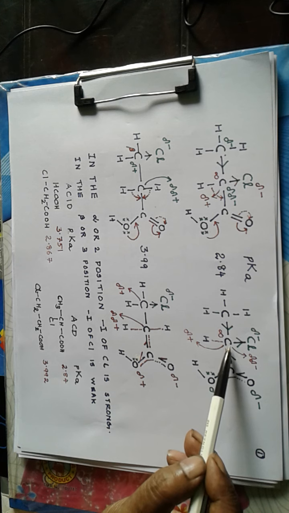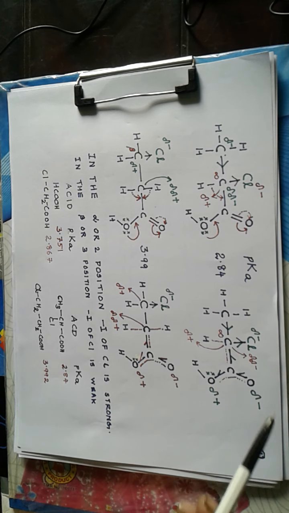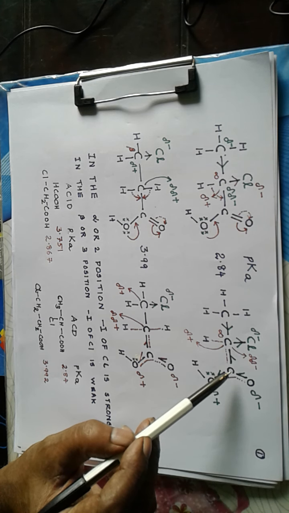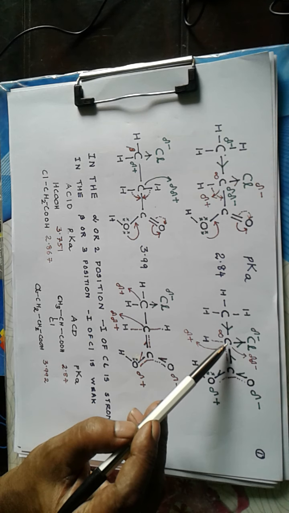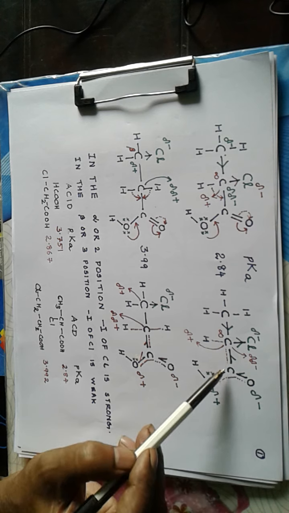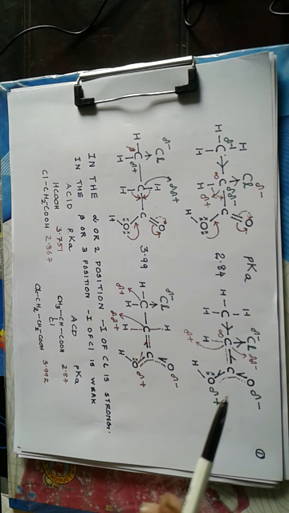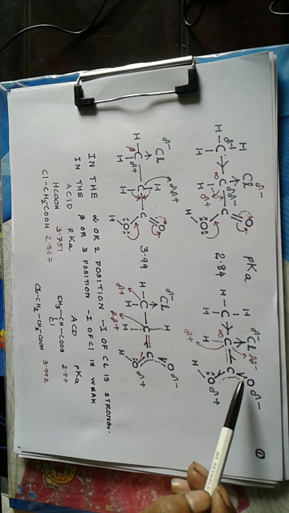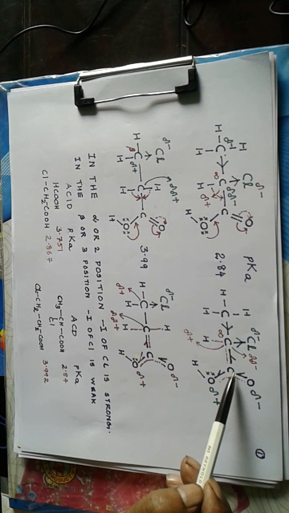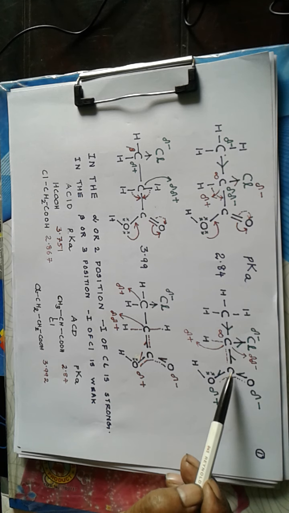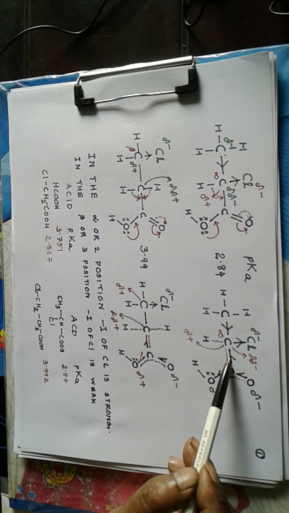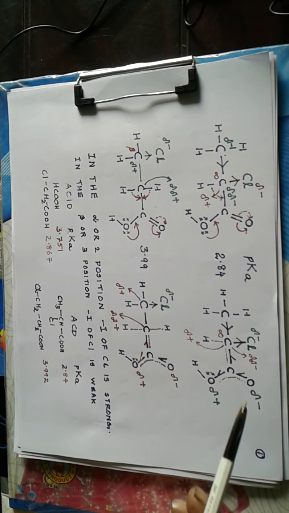Already it is having a partial positive charge. And the chlorine is more near to the alpha carbon or the carbon chain here. So, a major part is driven to this oxygen atom, and more or less the same fraction is given to this carbon chain.